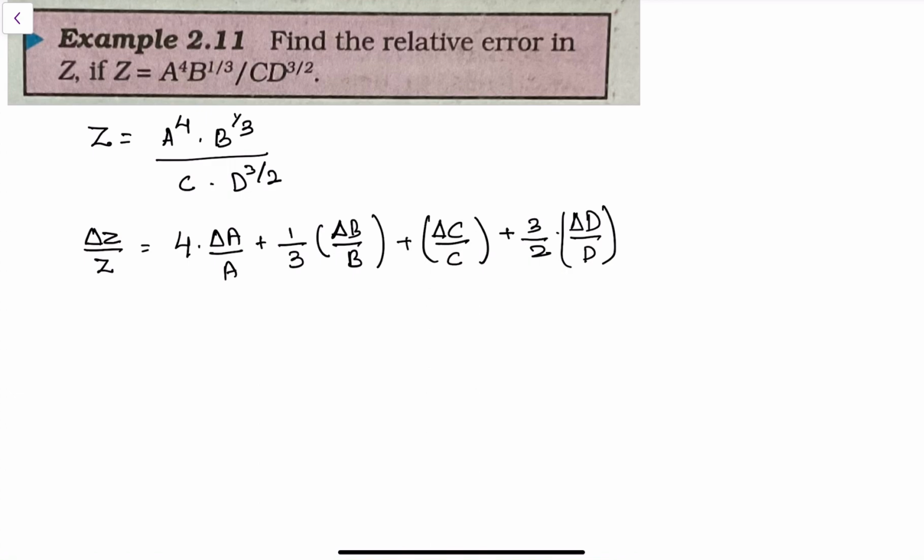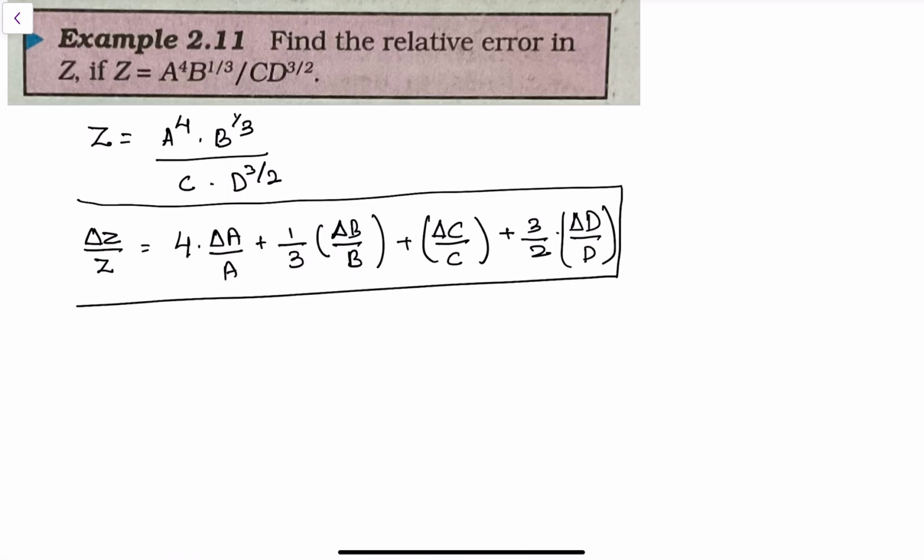That's all. Should not write d power minus 3 by 2, it gives a wrong answer. Don't try like that. So this is a simple way. If you want to find the percentage error in z, just delta z by z into 100 gives the percentage error.